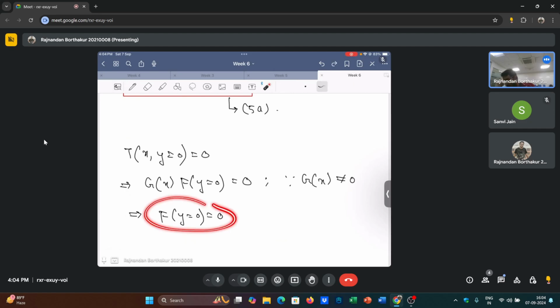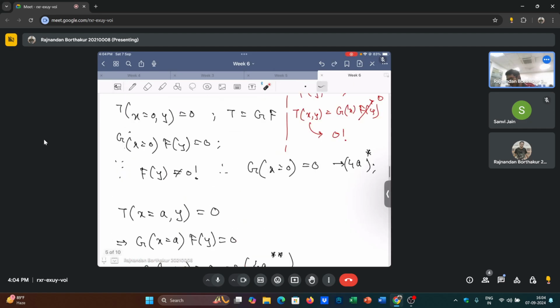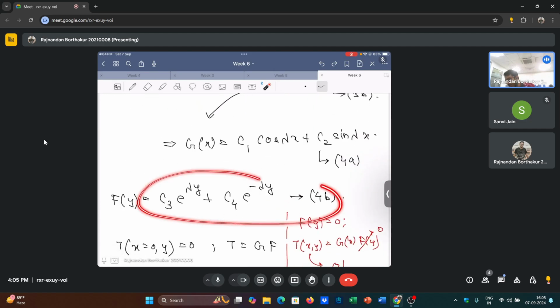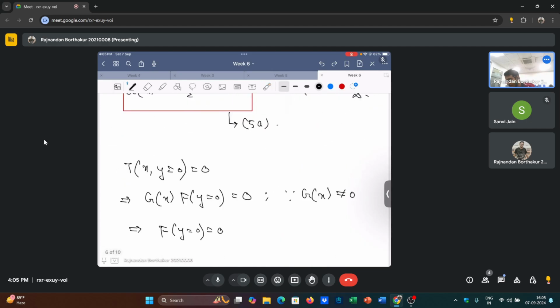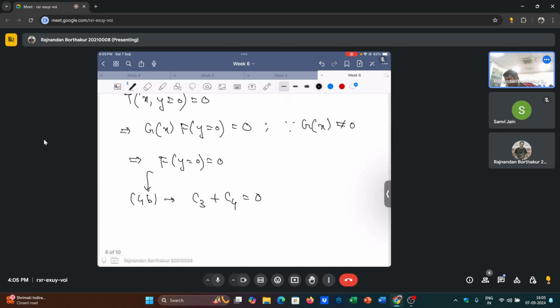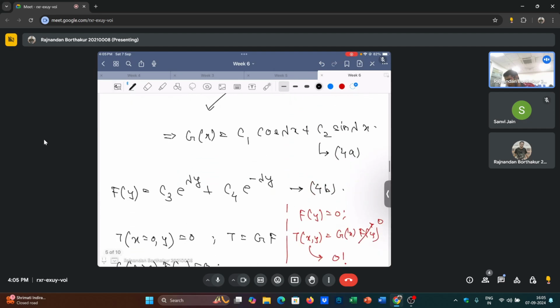Now if I use this boundary condition in my equation 4b, what do I get? I get C3 plus C4 equal to 0. That is simple, right? Because you just need to substitute y equal to 0 here.